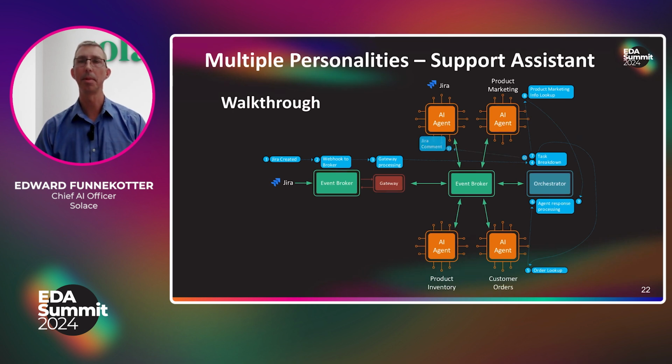In this case, its persona and its purpose says that it's supposed to add a comment to Jira. So its final task is to invoke the Jira AI agent to add a comment into that issue that was originally created, with all the information that it retrieves throughout this process. All of this happens autonomously, and it's all kicked off by that first Jira that was created.